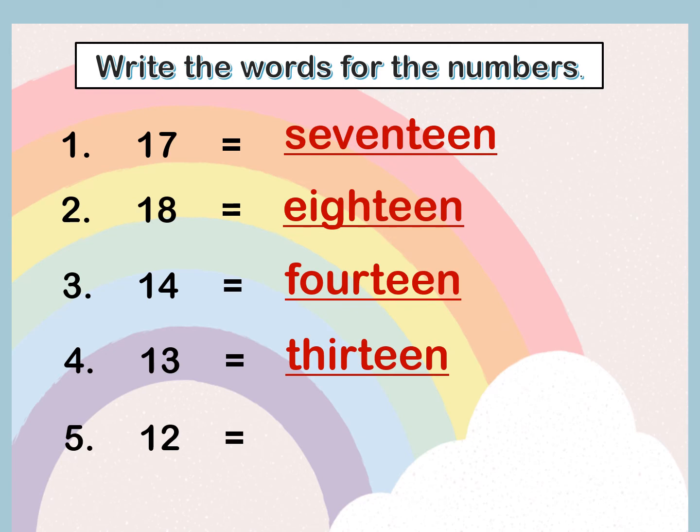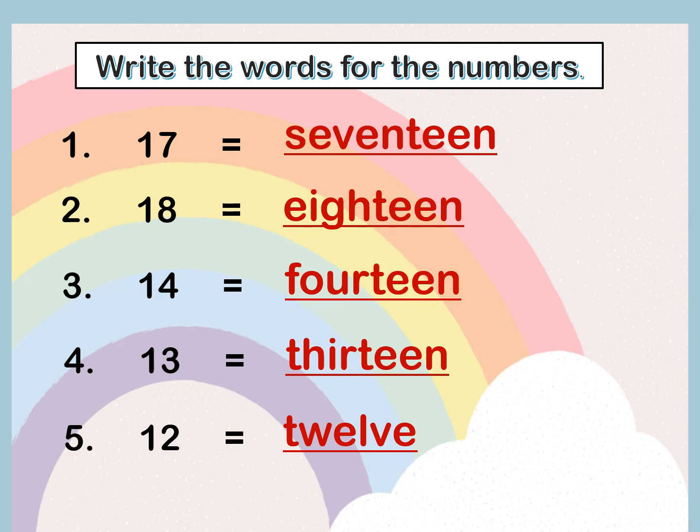And the last one is 12. How do you spell 12, kids? Are you finished writing number 12? Did you spell it right? If you spell it right, then let's try to double check your answers. Okay, this is how you spell 12.